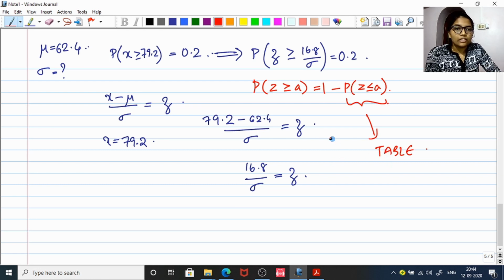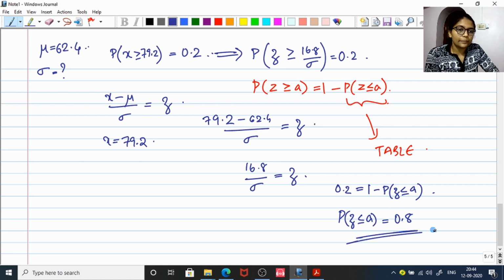So let us substitute and find the value for P of Z lesser than or equal to A. P of Z greater than or equal to 16.8 divided by sigma is 0.2, isn't it? So LHS is 0.2 is equal to 1 minus P of Z lesser than or equal to A. Solving, we get P of Z less than or equal to A is equal to 1 minus 0.2, which is 0.8.